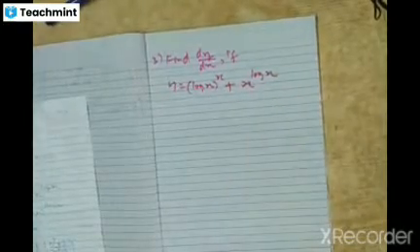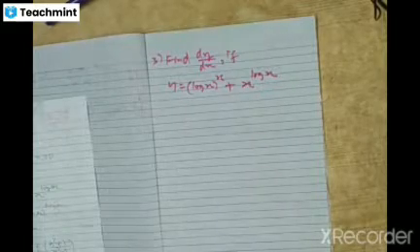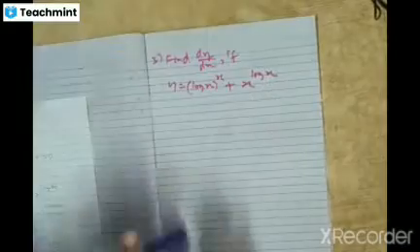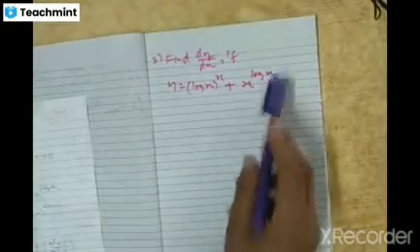Find dy by dx if the given function is y is equal to log x whole per x plus x per log x.